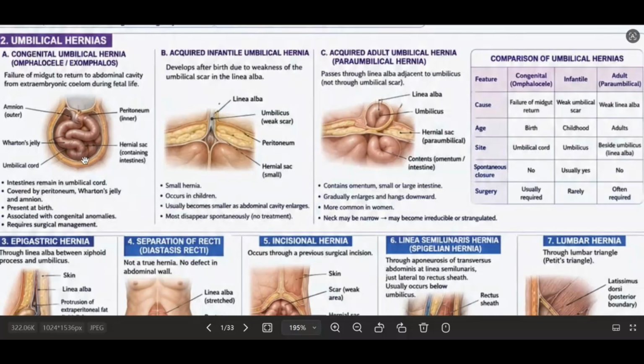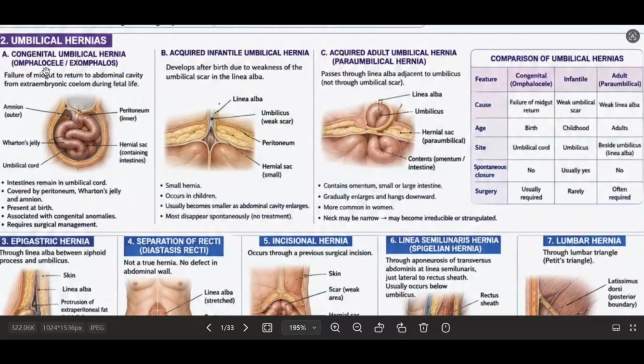So what are the clinical features of the omphalocele umbilical hernia? It will be present at birth. That means it is congenital, so that's why it is present at birth. It is a large swelling at the umbilicus, covered by a membrane. It is associated with congenital anomalies and it requires urgent surgical management. Okay.